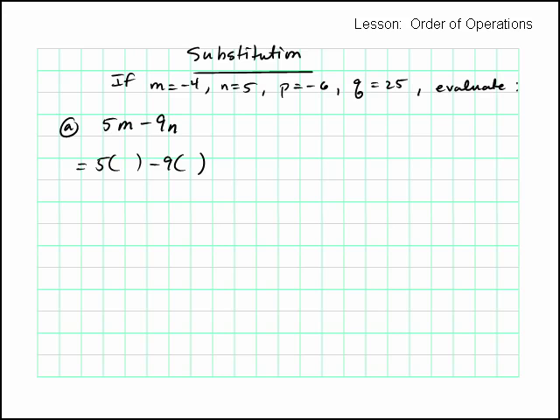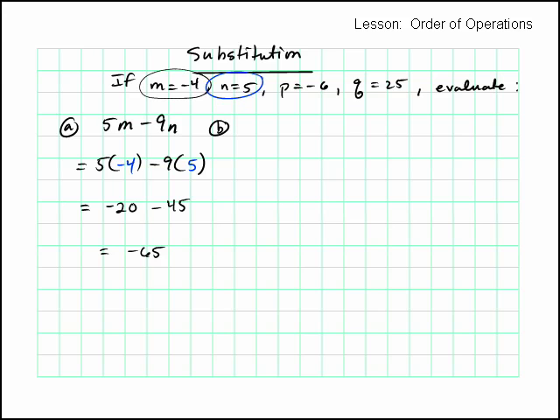From up here, I know that m is -4, so I'm going to plug that right in there. n is 5, and so that goes in place there. So I've substituted. Now I'm just going to follow my order of operations like before and simplify the expression. This will be a -20 minus a 45, and -20 minus 45 is -65. And there's our result.